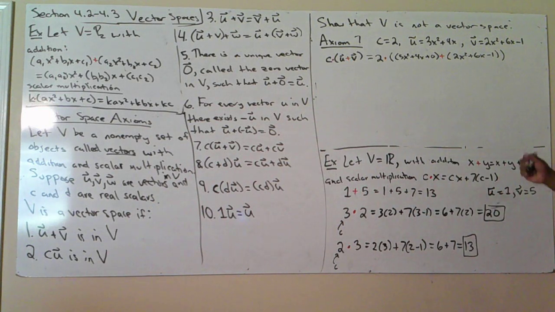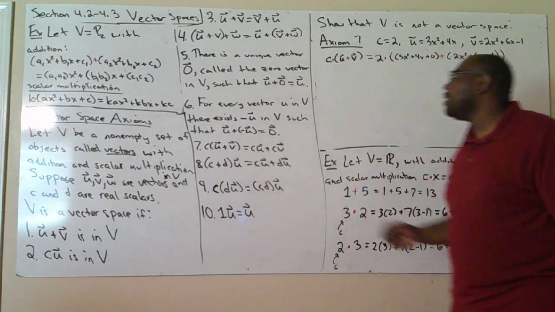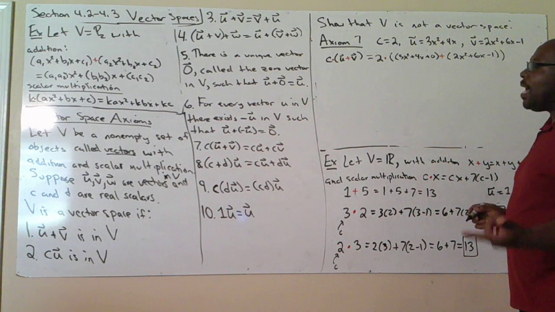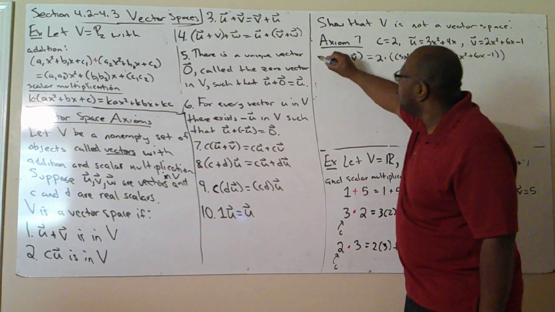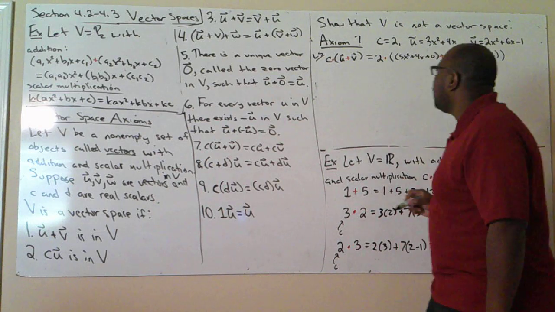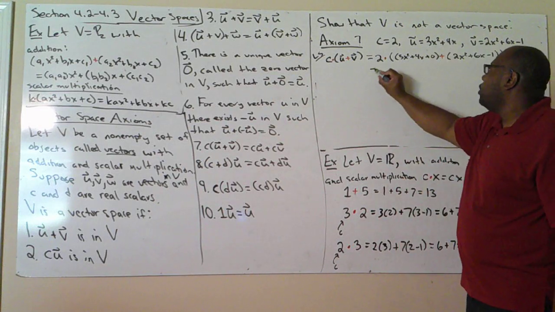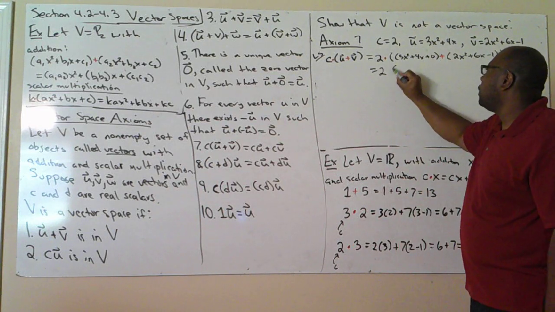Okay. Remember to do what you always do: Please Excuse My Dear Aunt Sally. I'm looking at the left side of axiom 7 right now, to see if the left side equals the right side. Let's do the addition first.